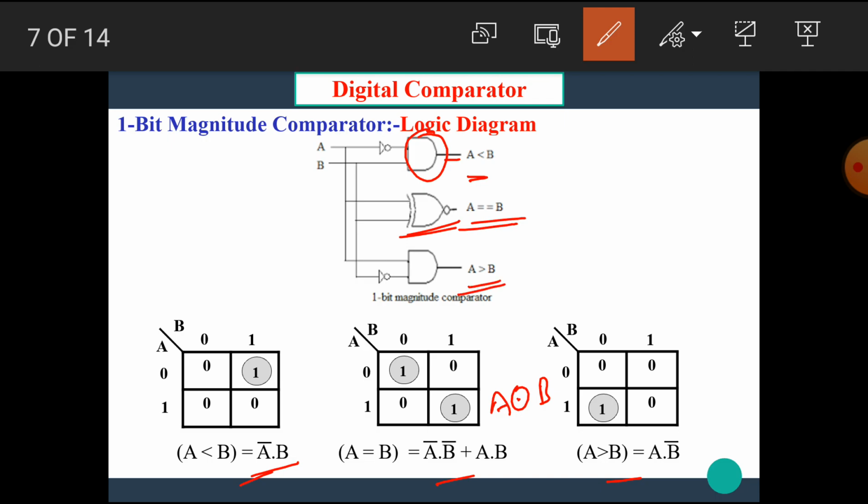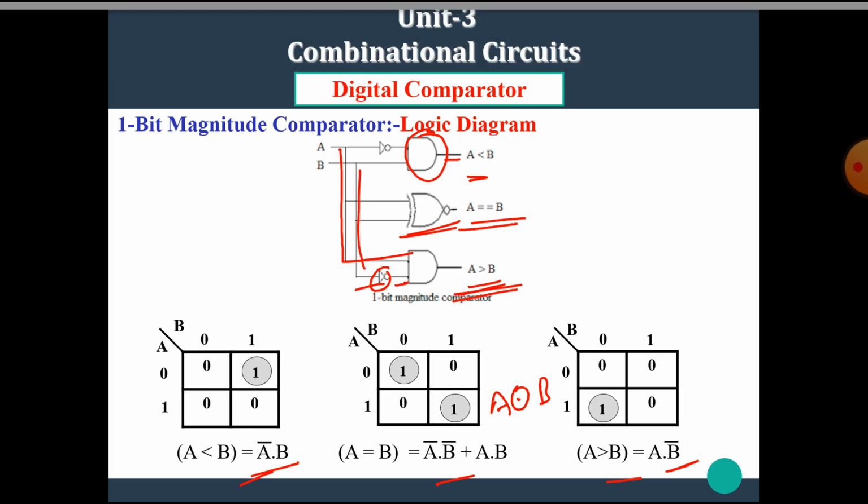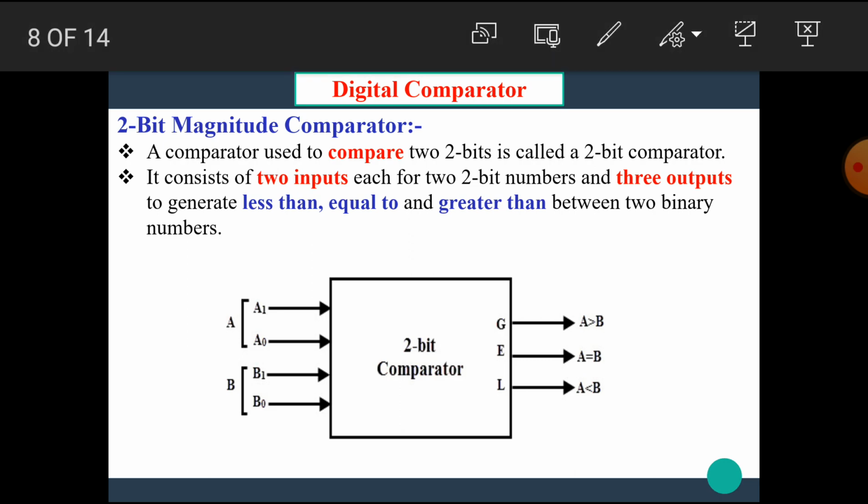For A greater than B, we get the equation A into B bar. Here we connect a NOT gate, and at this point we get B bar, hence we get A greater than B. Similarly, we can design the 2-bit magnitude comparator circuit.